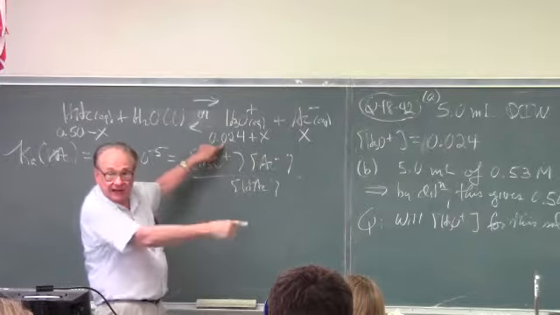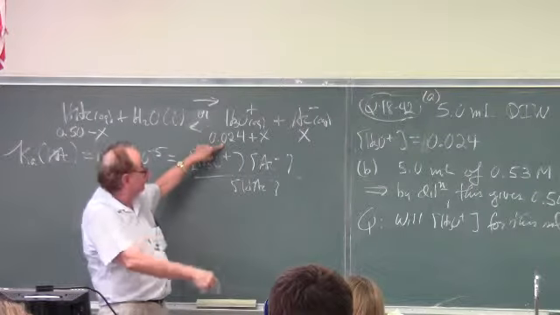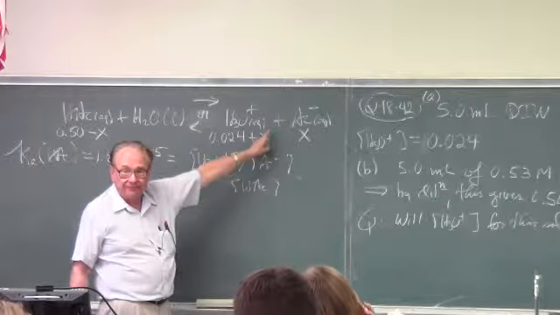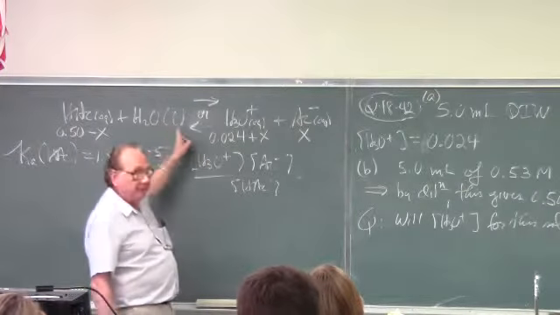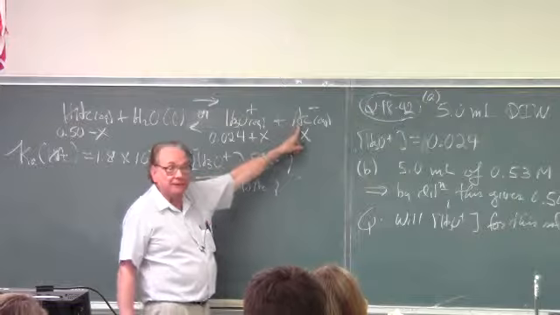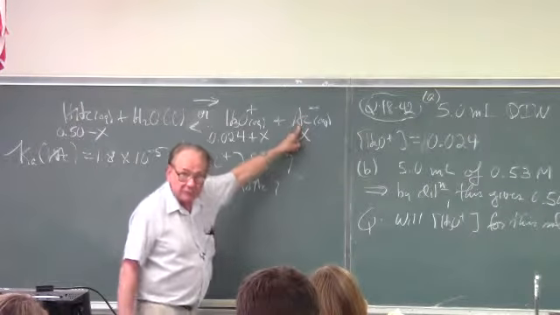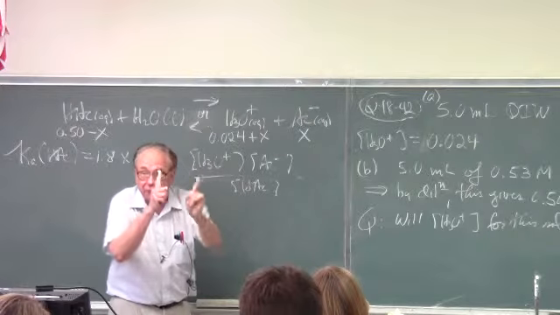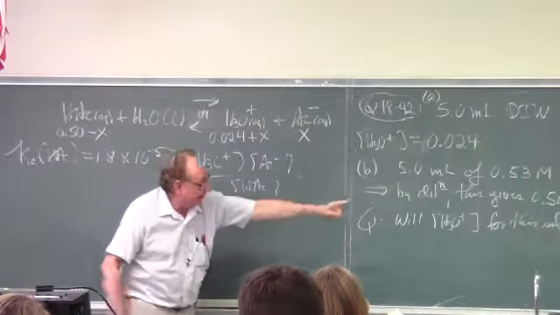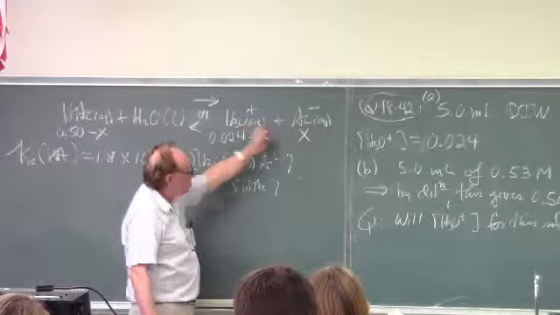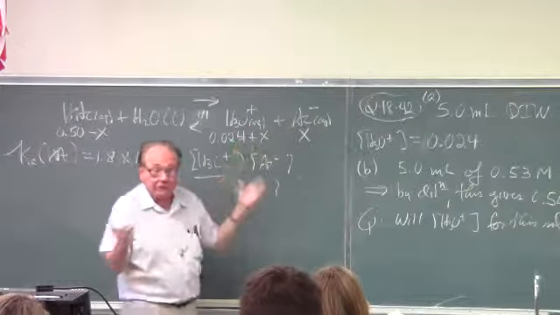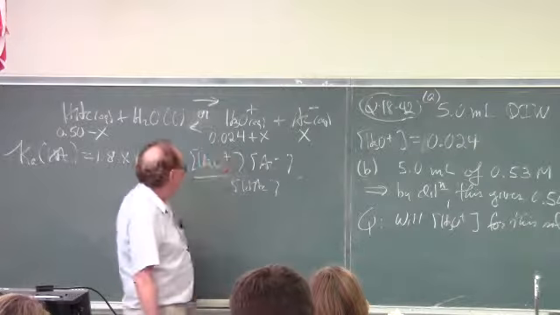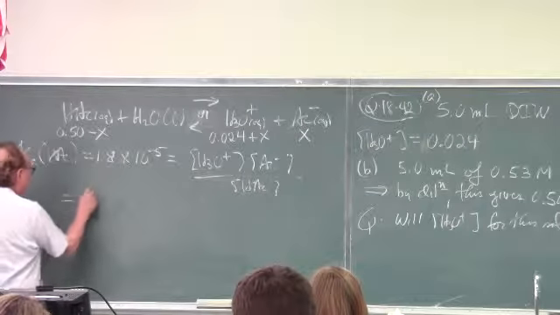This came from the added HCl solution. And the establishment of this equilibrium tells me that if this equilibrium makes X moles per liter of acetate ion, then it must also make X moles per liter of hydronium ion. But I got two sources of hydronium ion. The HCl solution I added, plus this equilibrium reaction. So, how do I get the hydronium ion molarity for the solution? I add these up. There we have it. Okay?